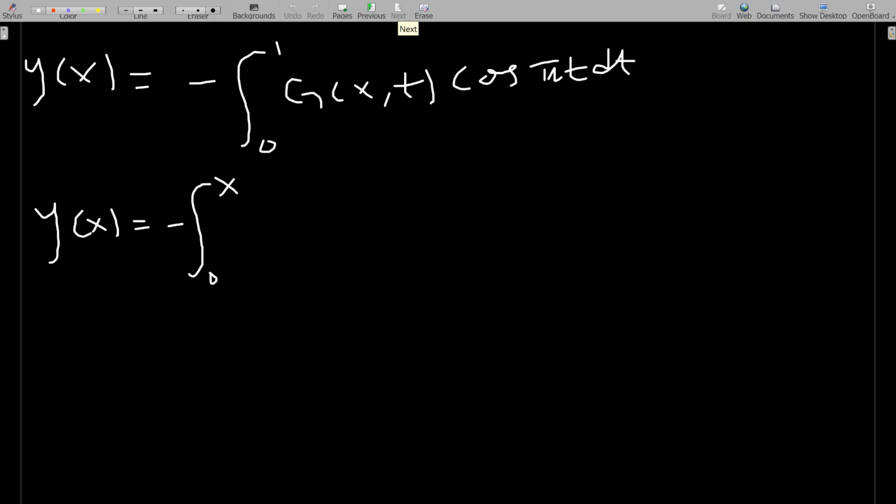So g2 is given as what, where is my g2? It's negative of everything. Let me use a green pen here.